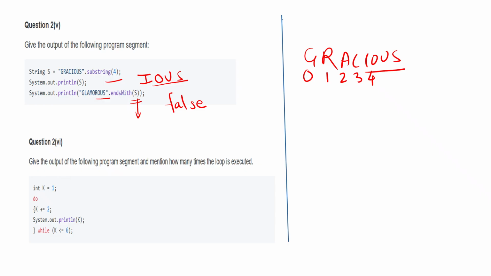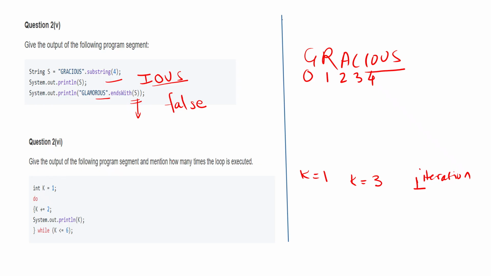Give the output of the following program statements and mention how many times the loop is executed. Now it starts with k is equal to 1, and inside the do while loop k is increased by 2, so k is equal to k plus 2. Here k will become 3 and this will be your first iteration.